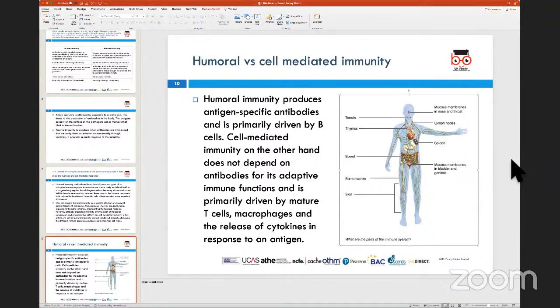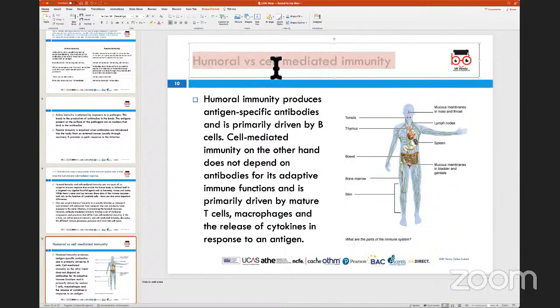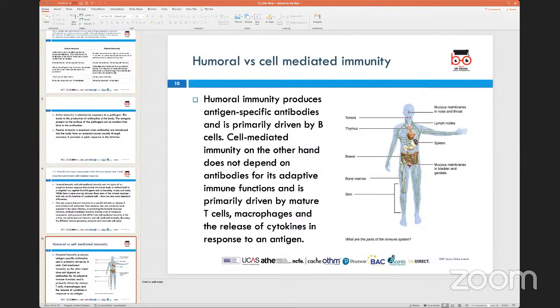Now, there are obviously some bits of overlap that we get to see sometimes when we talk about the humoral and cell-mediated immunity, but essentially, the humoral immunity produces antigen-specific antibodies, and they are primarily driven by the B cells.